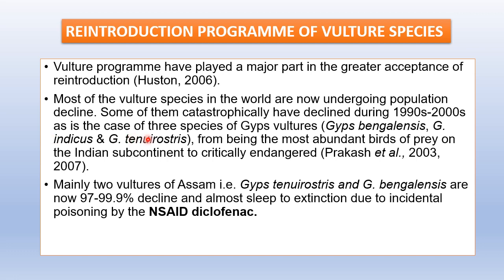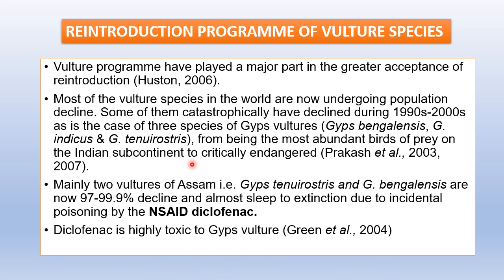Some of them have catastrophically declined during the 1990s to 2000s, as in the case of 3 species of Gyps vulture: Gyps bengalensis, oriental white-backed vulture, Gyps indicus, long-billed vulture, and Gyps tenuirostris, slender-billed vulture, from being the most abundant birds of prey on the Indian subcontinent to critically endangered.